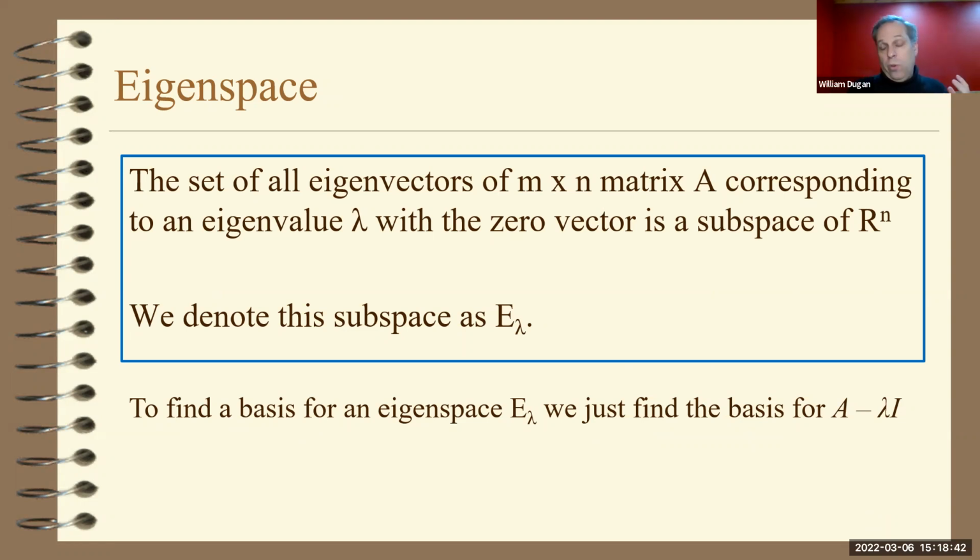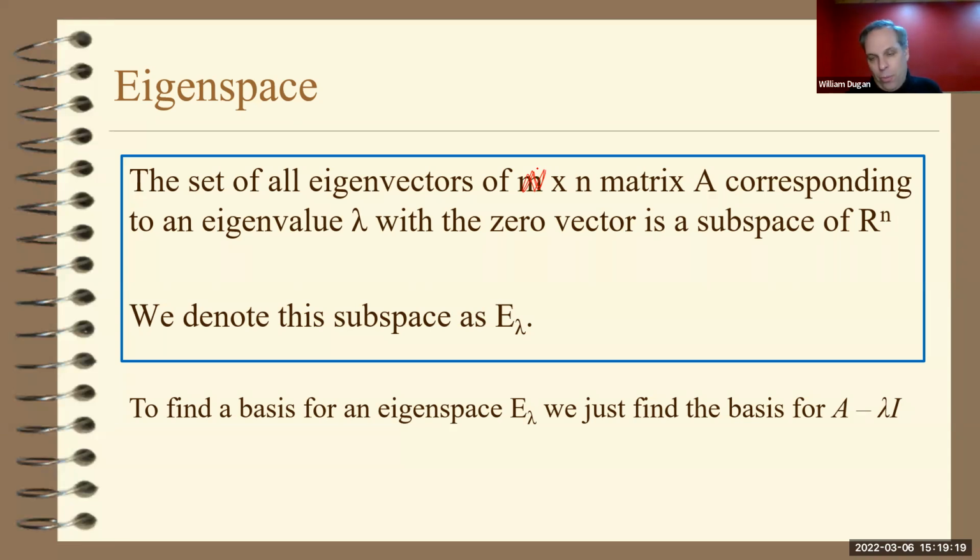So for every single eigenvalue of a square n by n matrix A, that corresponds to a certain null space of A minus that eigenvalue times I. And we know that null space is a subspace. So we're going to give it a name. We're going to call it an eigenspace. The eigenspace is denoted E sub lambda. It's simply the null space corresponding to the matrix A minus lambda times I.